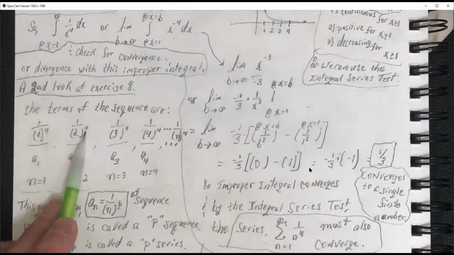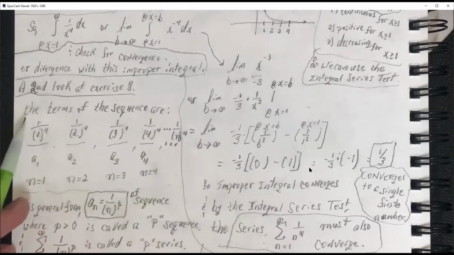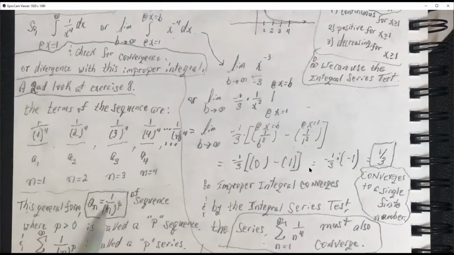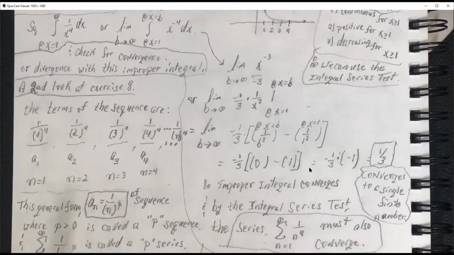Power 4, power 4, forever. And what is inside the power, the base of that power expression, is what's changing. So that's the n.